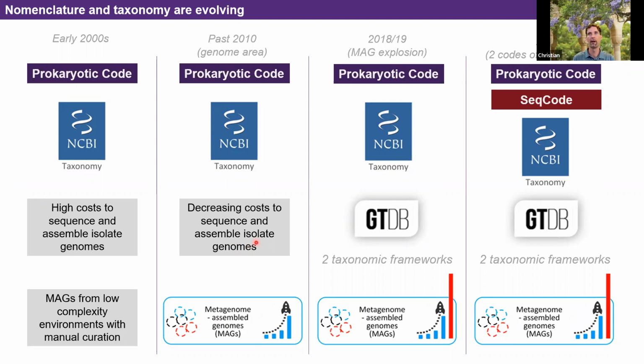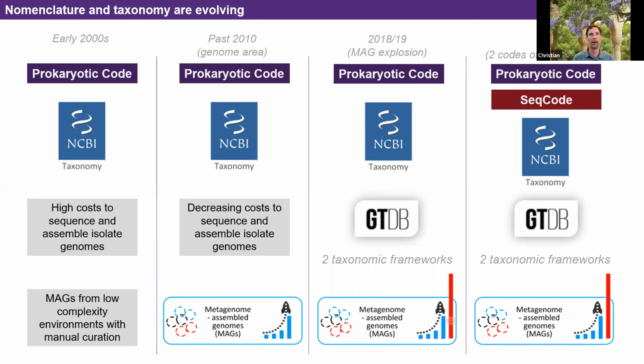Still, NCBI taxonomy was the taxonomic resource. That changed a bit more recently, 2017 to 2019, when GTDB, the Genome Taxonomy Database, was created, mainly to accommodate this large number, because at this point the MAGs were exploding.